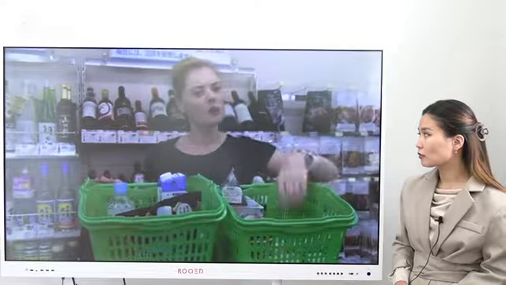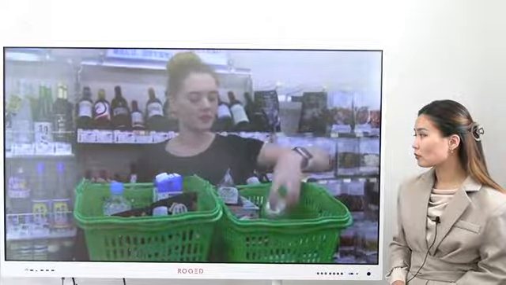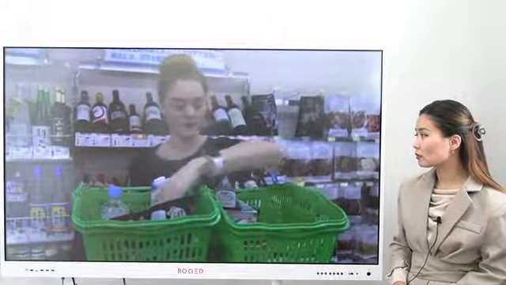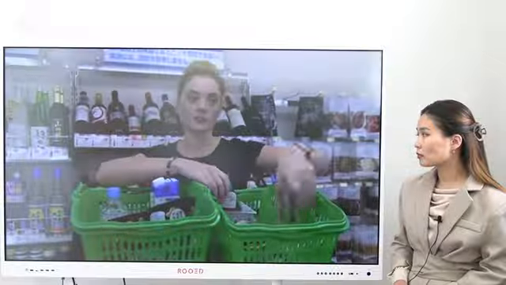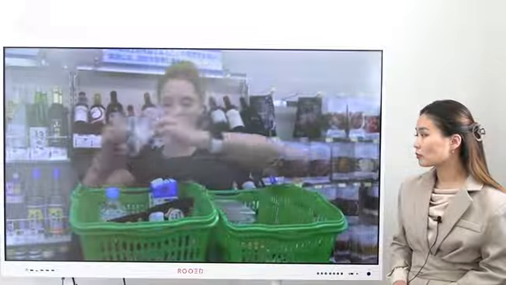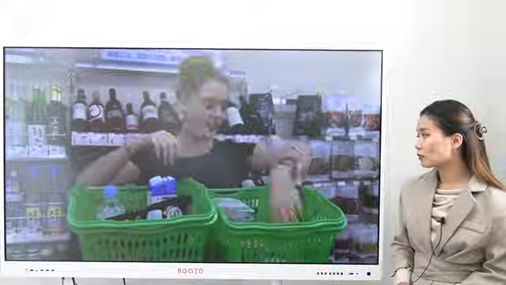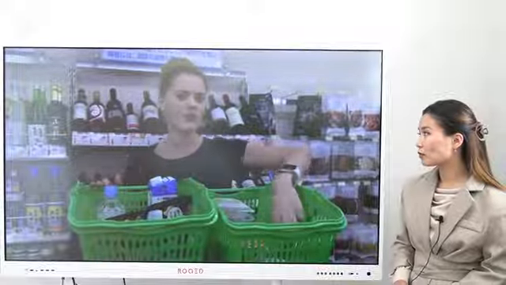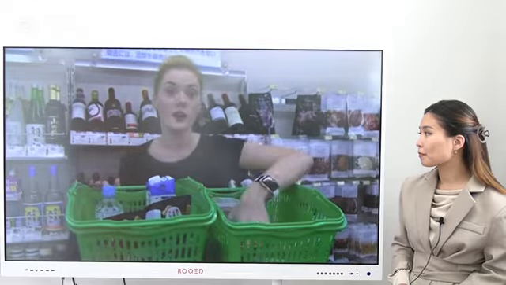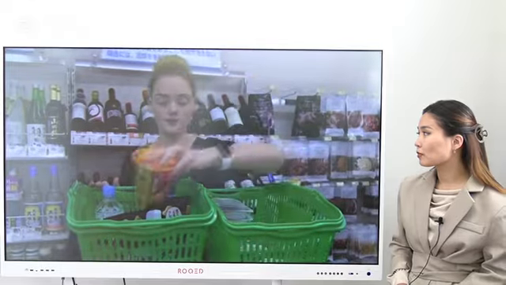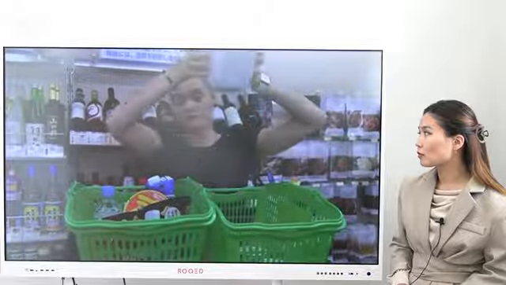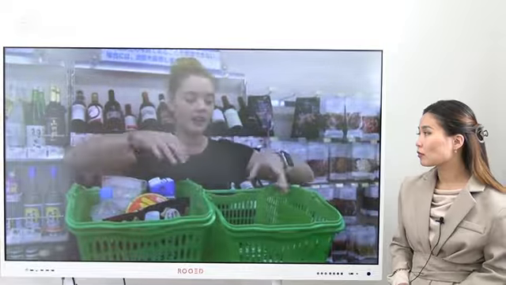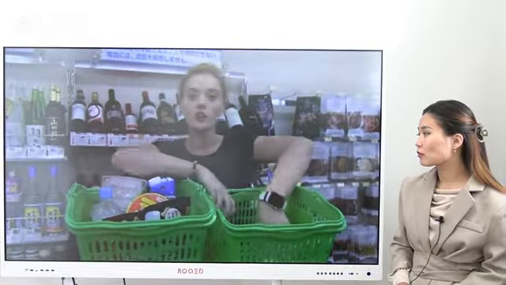I don't have many eggs, only one. I have some rice balls. I don't have many chocolate bars. I also have some ramen. I have a lot of rice. And I also have a lot of yogurt.